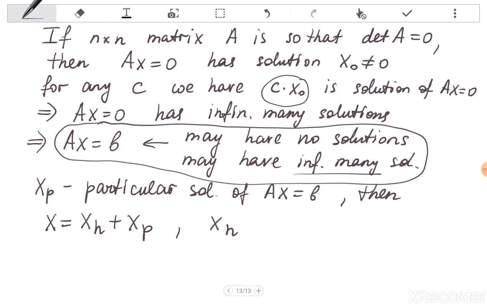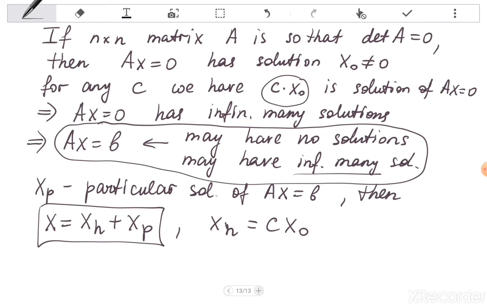We can see the resemblance with differential equations. So A xh equals 0 is homogeneous, and the solution of the homogeneous system is of the form c x0. So any solution has this form.